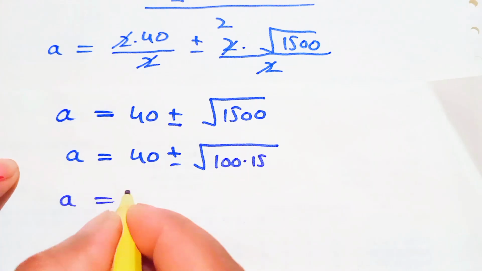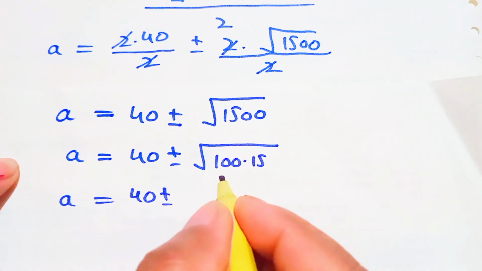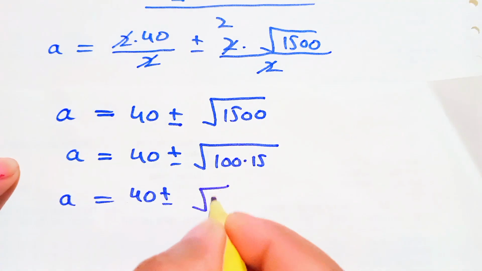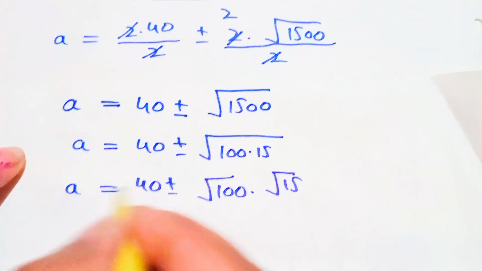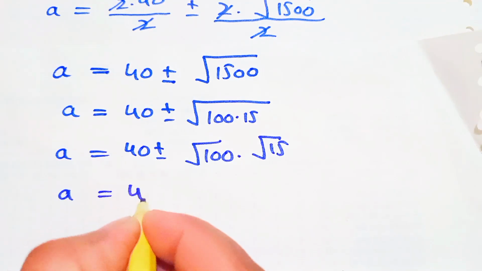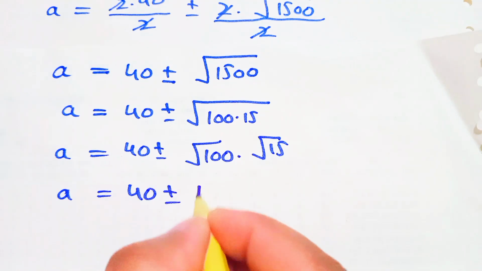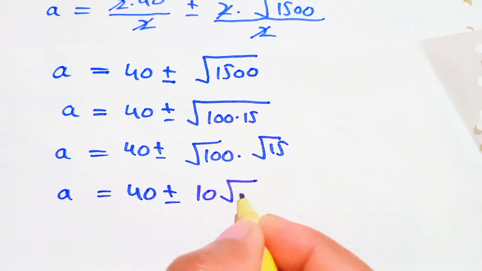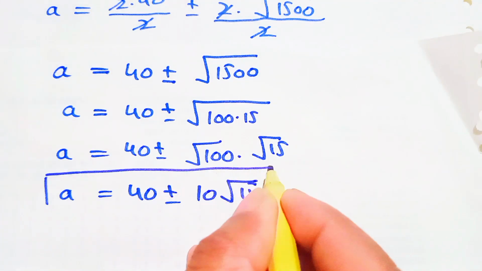So a is equal to 40 plus or minus square root of 100 times square root of 15. In the next step, a is equal to 40 plus or minus 10 square root of 15, and here it is the value of a.